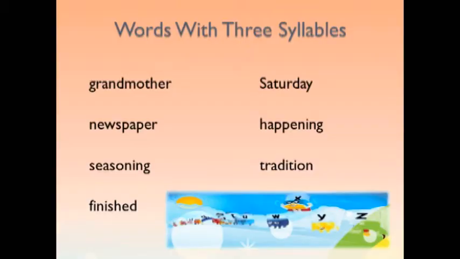So there are 6 phonemes in the word Saturday. S, A, T, Y, D, A. Now, on your own or with a pair, see how best you can segment these words into phonemes.